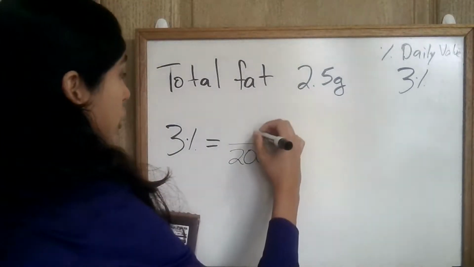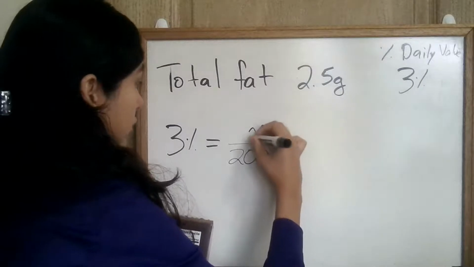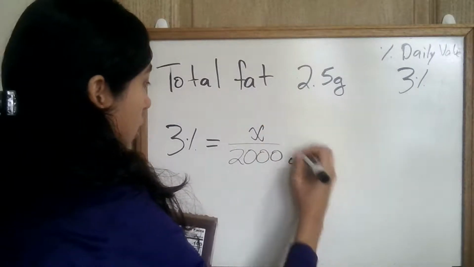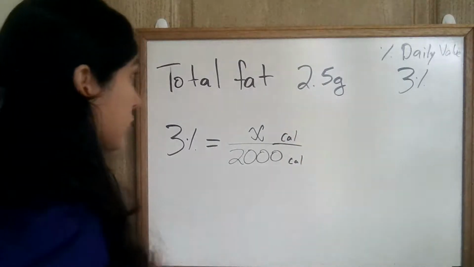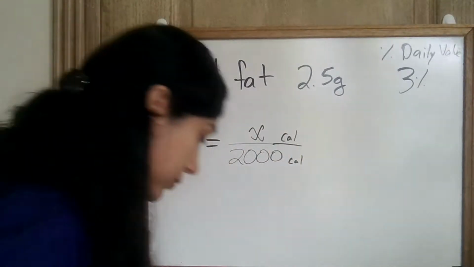So then we actually get a certain number of calories. This is the abbreviation for calories. So I know this is 2.5 grams.